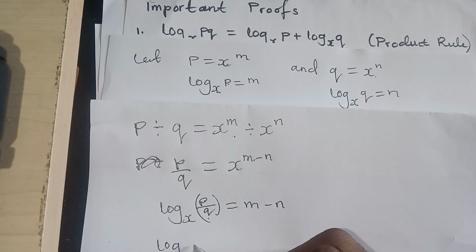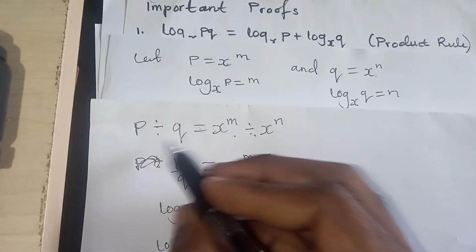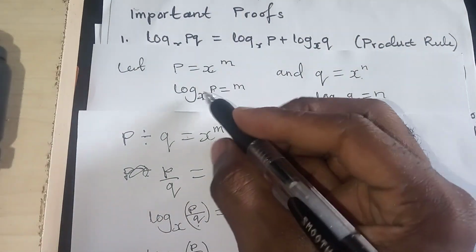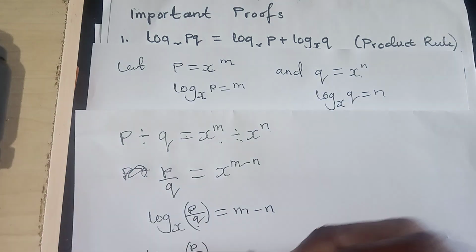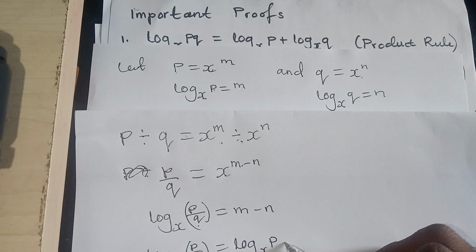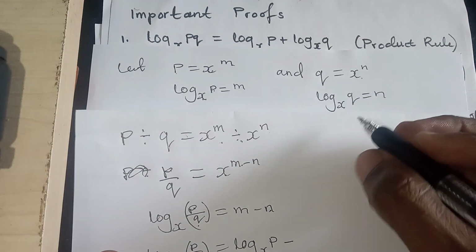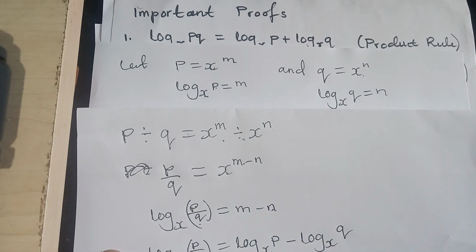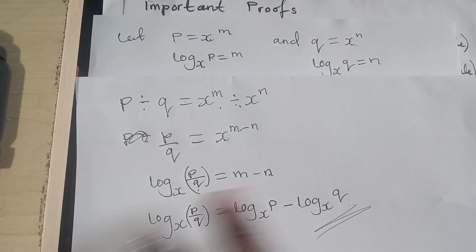So now getting back to this part rather, we know that m is log x of p, so this will be log x of p, then minus n, this is log x of q, and you're done. This is the quotient rule as required.